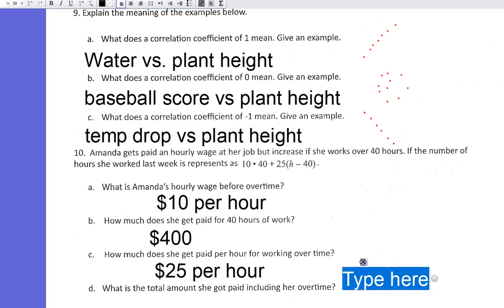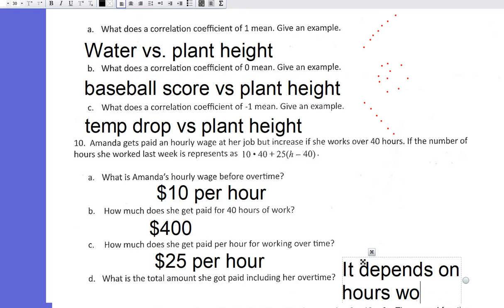I'm going to say it depends. It depends on how many overtime hours you work. Yeah, that's fine. This last question is not on the final. If you worked 5 hours of overtime, that would be $10 an hour plus $25 an hour for 5 hours.